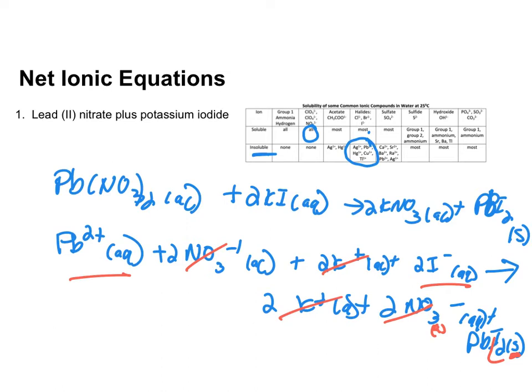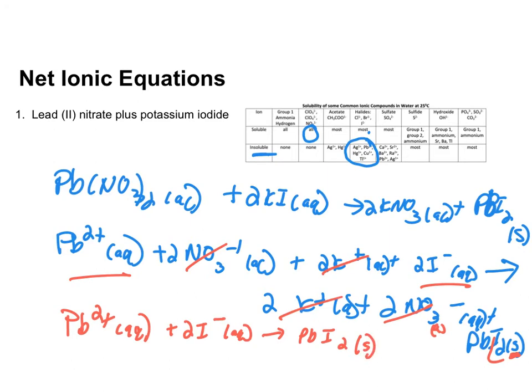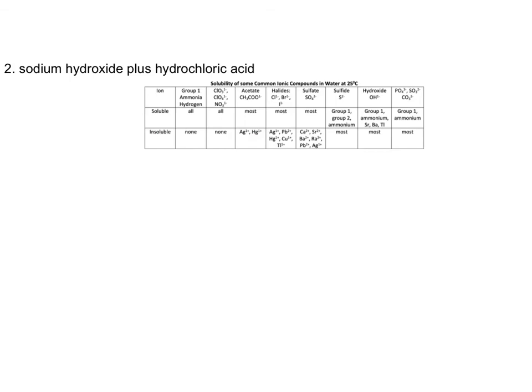So my net ionic equation is going to be Pb2+ aqueous, because on the reactant side it's in solution, plus 2I- aqueous forms PbI2 solid precipitate.